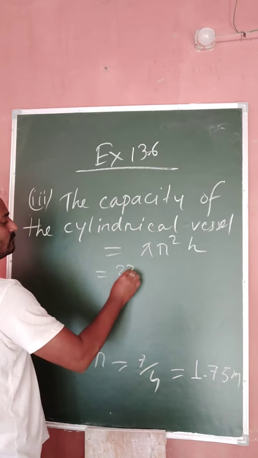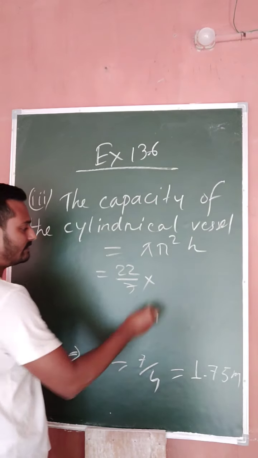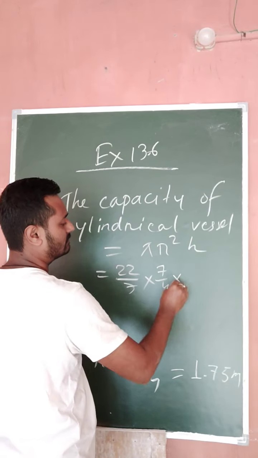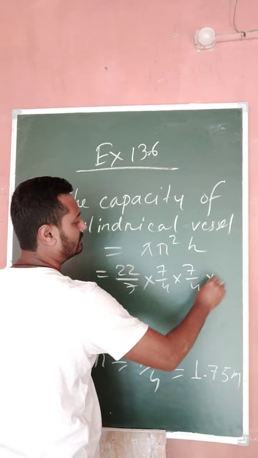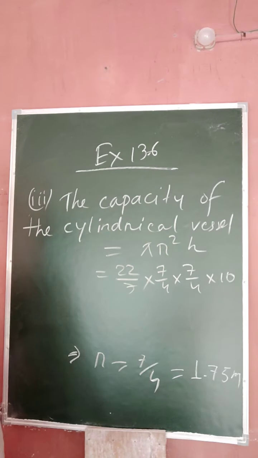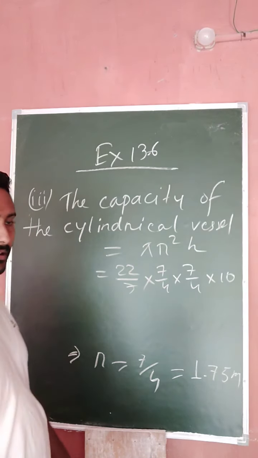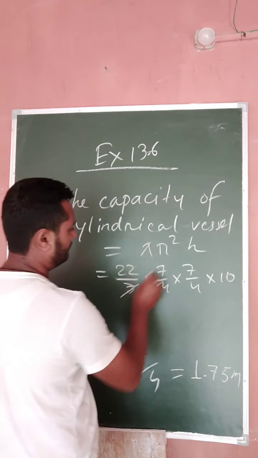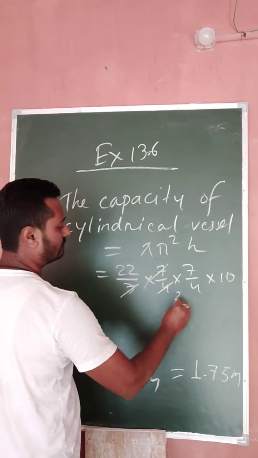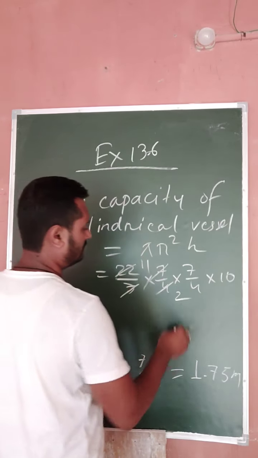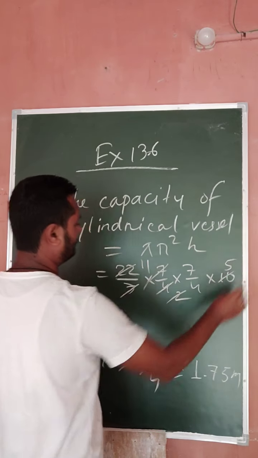So 22 by 7 into 7 by 4 into 7 by 4, and h is 10. If you write 1.75, it will also be correct. So 7 you can cancel, 4 by 2 is 2, and so on.